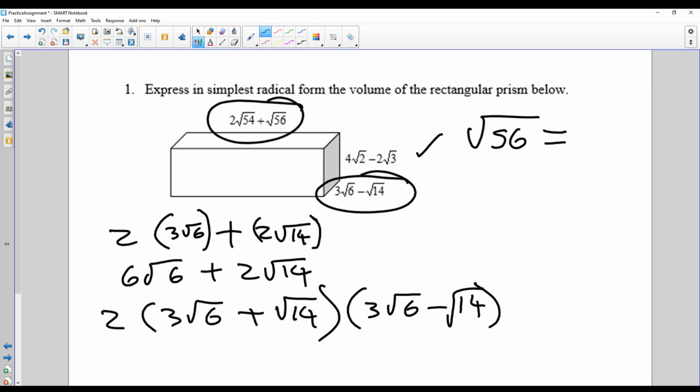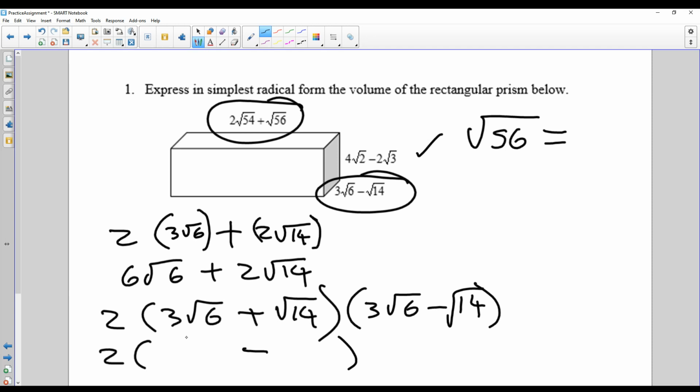They're both the same two terms, the 3 root 6 and the root 14, but one is a plus and one is a minus. So if we multiply these two, the 2 is still on the outside, we're going to get this first term squared minus that term squared.